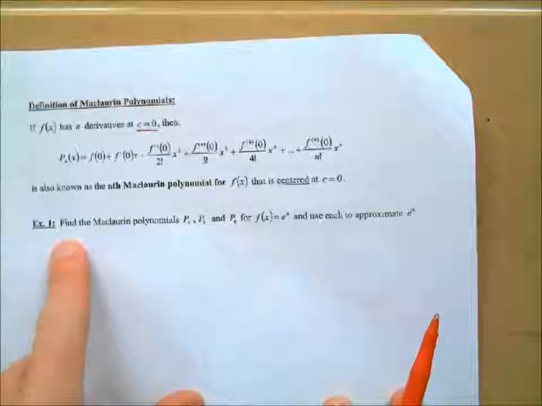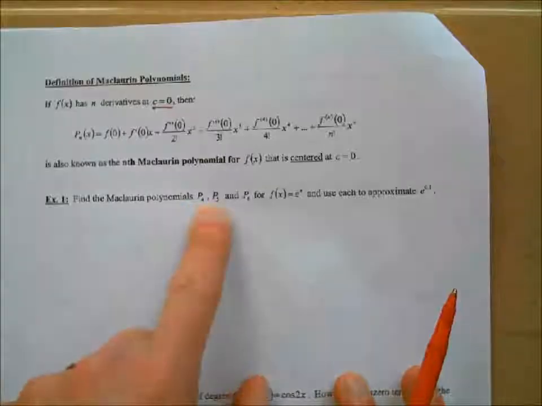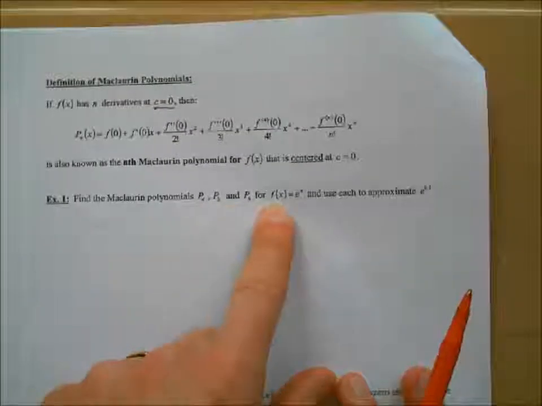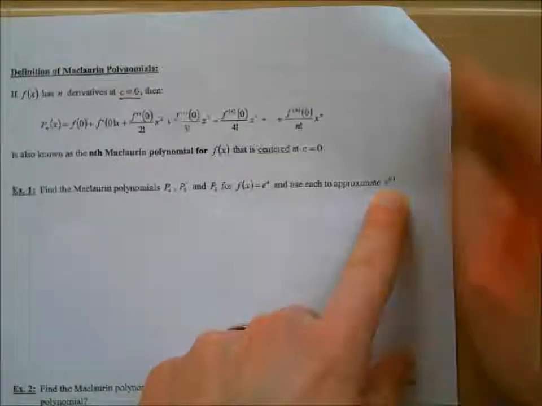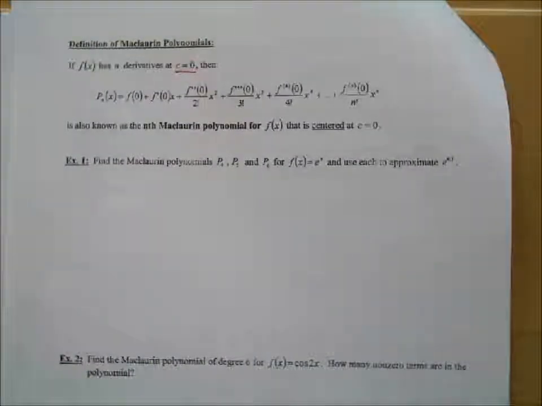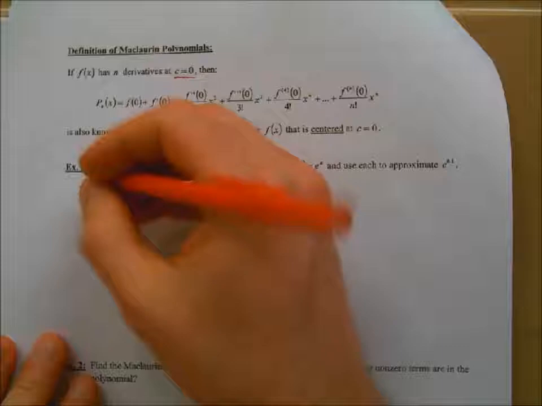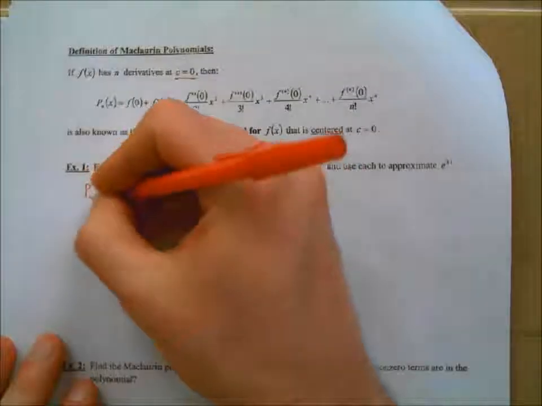Find the Maclaurin polynomials p sub 4, p sub 5, and p sub 6 for f of x equals e to the x, and then we're going to use each to approximate e to the 0.1. So here we go, we're going to do that now. So p sub 4, let's try and use our formula up here to help us. So p sub 4 of x.